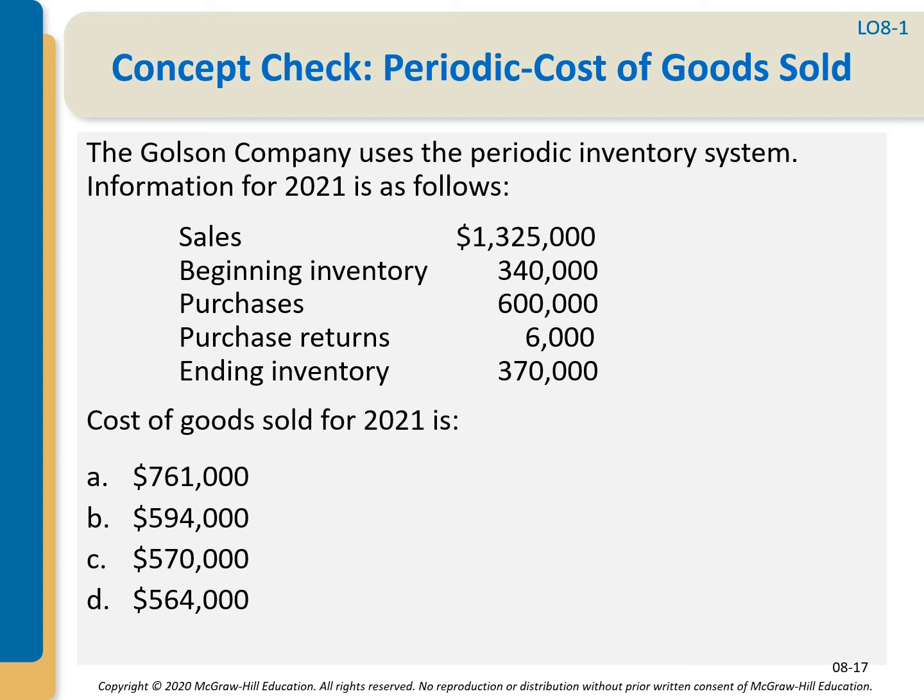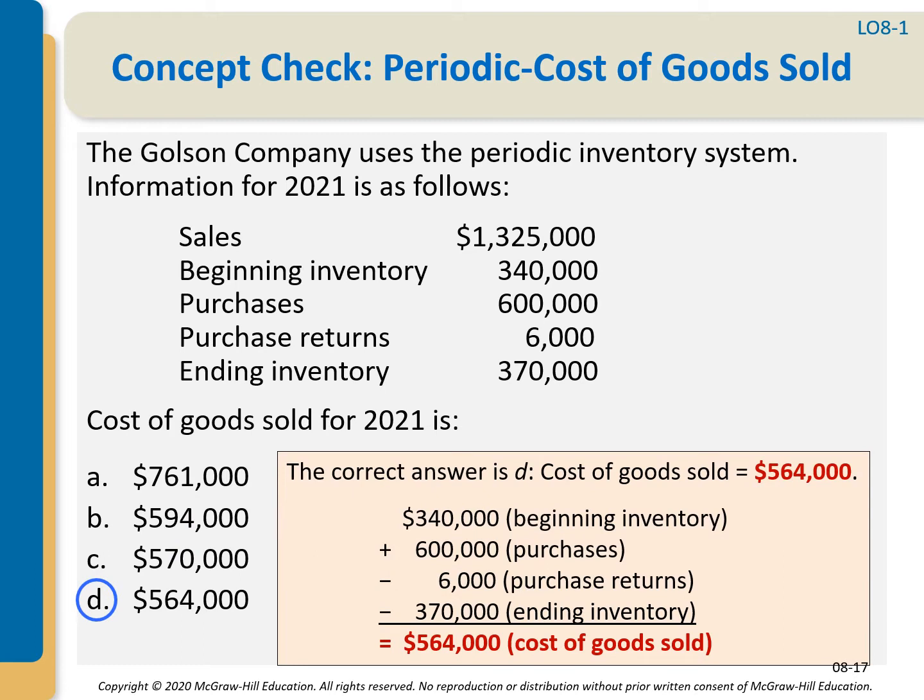Example: the Golson Company uses the periodic inventory system. Information for 2021 is as follows. Sales is given, beginning inventory, purchases, returns, and ending inventory. What is the cost of goods sold for the year? Let's start with items that are available for sale.